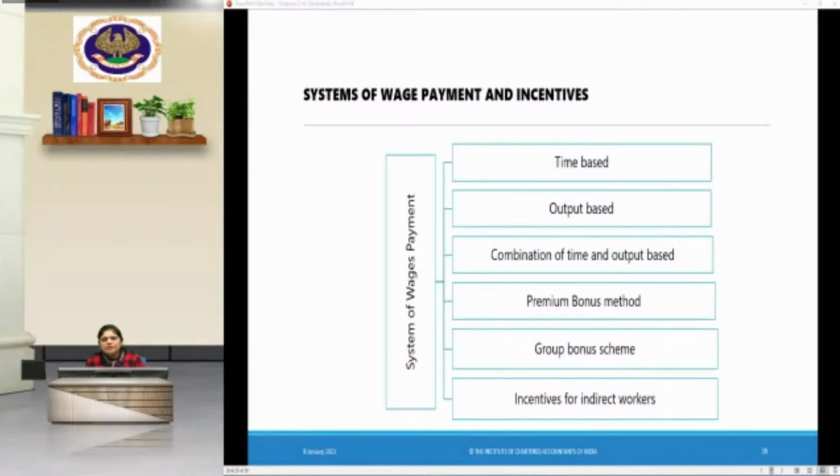In the last session, as I said, labor cost control does not mean that we should pay as low as possible to the employees, but the wage cost per unit of output should be minimum. Then I explained how we calculate the earnings paid to the workers and the labor cost to the organization.